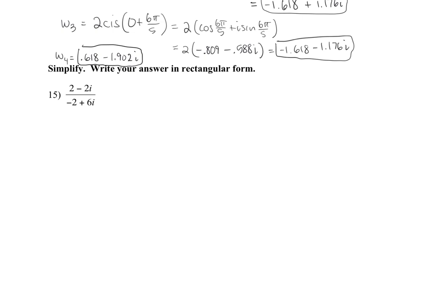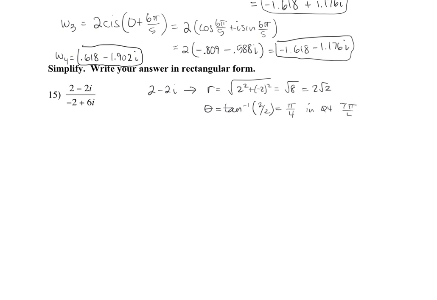Question 15, we're first going to convert all of the complex numbers there into polar form. But that one's in quadrant 4. So it's going to turn into 7 pi over 4. So it turns into 2 square roots of 2.